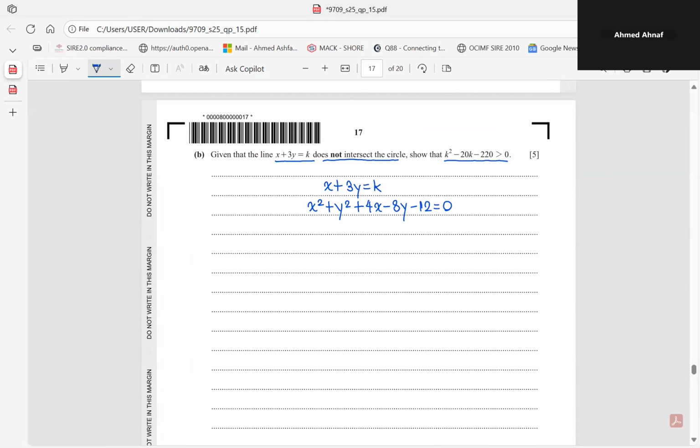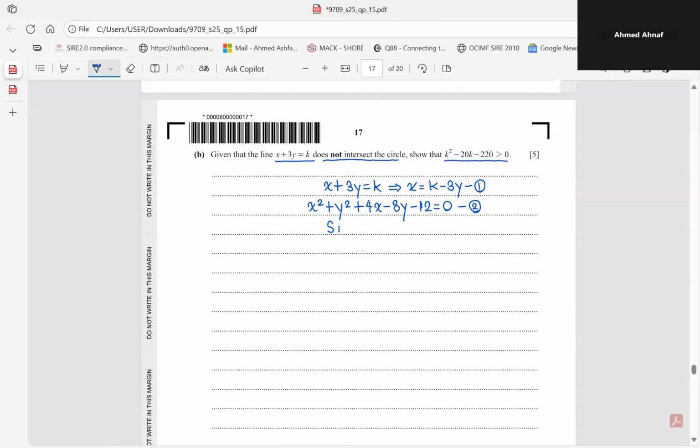Okay, let's change the first equation a bit. Let's make x the subject, so x would just be k minus 3y. So this is the first equation, and this is the second equation. And now we're going to have to solve these two equations simultaneously.